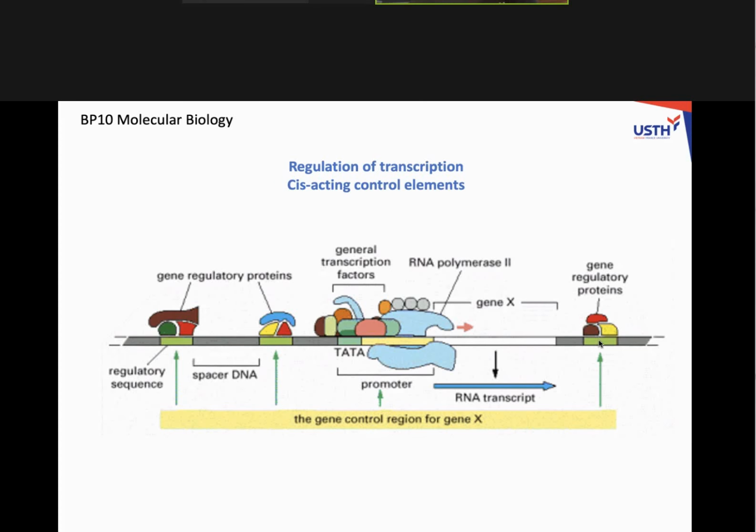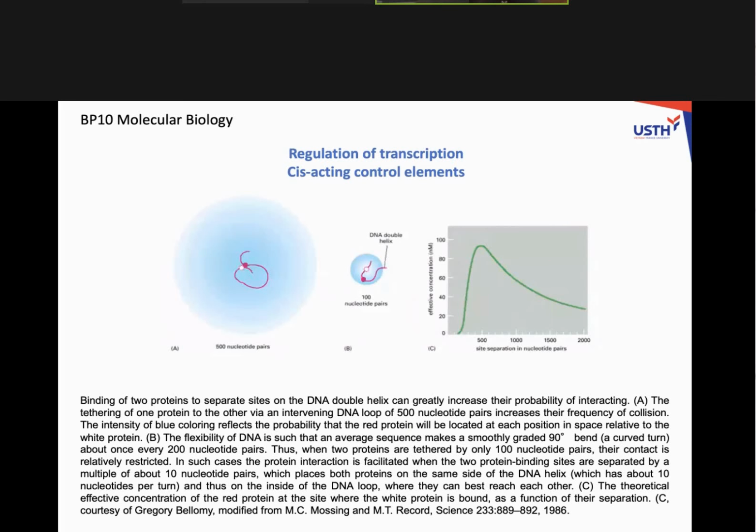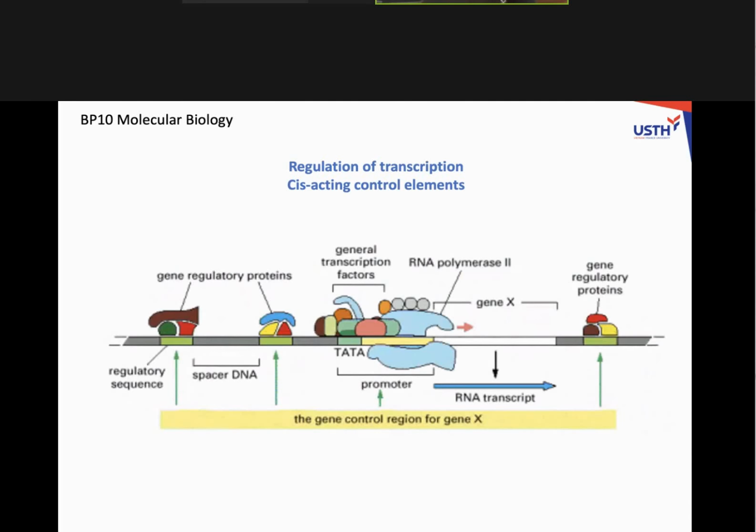It's important to have that in mind, because regulatory sequences and proteins can be upstream. Most of the time it's upstream in the promoter sequence, but sometimes we can find them downstream, or very, very far away from the promoter. There is something that is quite important.